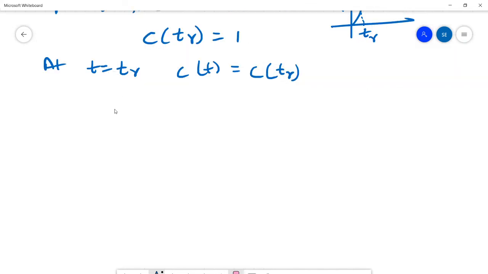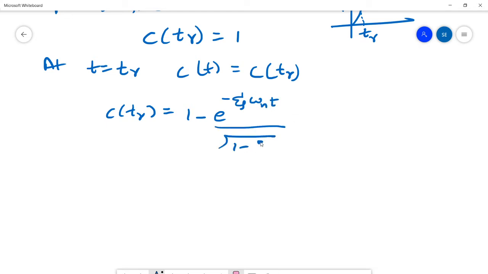So C of TR is equal to 1 minus e power minus zeta omega n t divided by root of 1 minus zeta square, sin of omega d TR plus phi, because t is equal to TR. We know C of TR is equal to 1, so substitute 1 here.